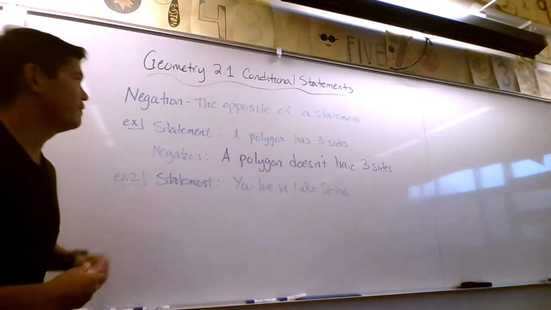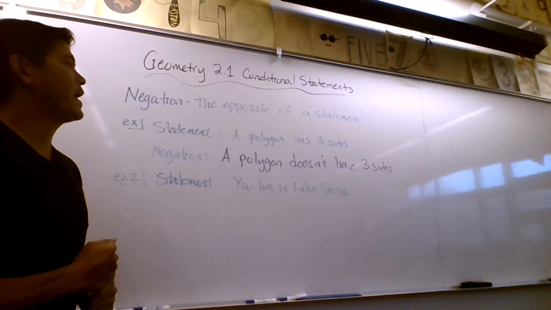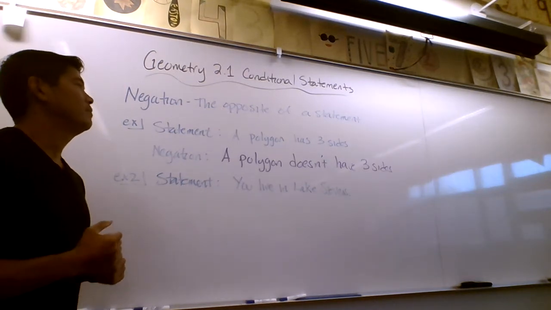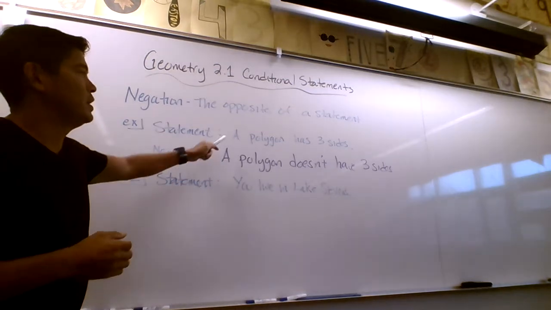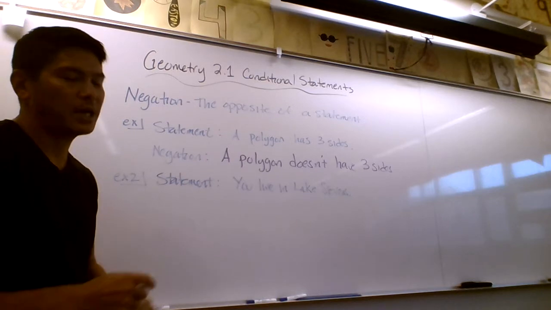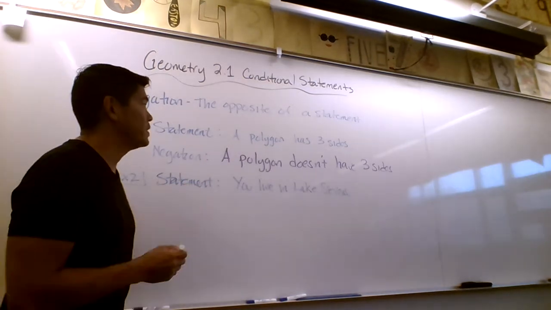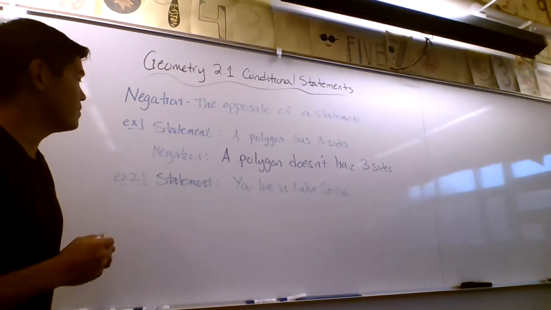That's the negation of this statement. You don't want to get too specific and say something like a polygon has 4 sides, because even though that would mean the polygon doesn't have 3 sides, if a polygon doesn't have 3 sides, it could have 4 sides, it could have 5 sides, it could have 6 sides. So this would be the negation of this statement.